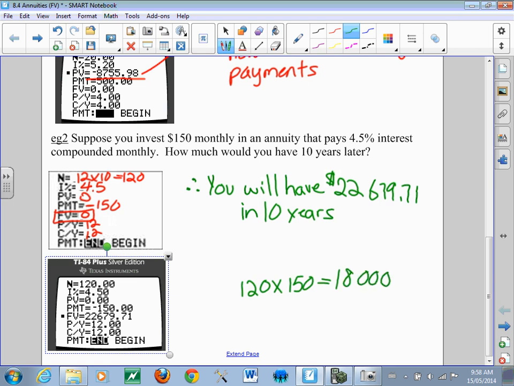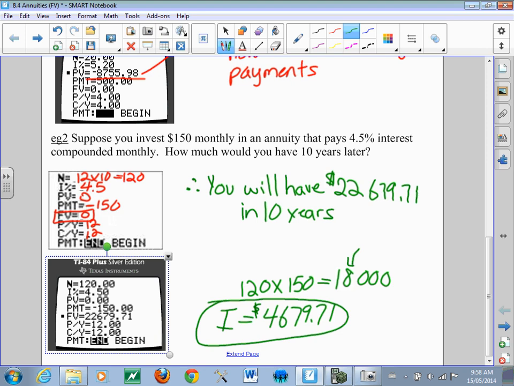And if I take the $22,679.71, that tells me that I've earned an interest amount of $4,679.71. So it's worth it, ladies and gentlemen, if you're just trying to figure out how much you gave away in payments, but how much interest is being earned. Okay? Cool. All right, let's take a look at one more here, ladies and gentlemen.